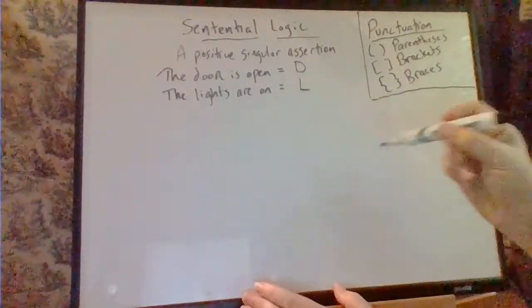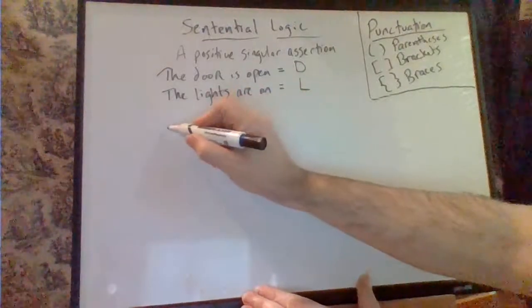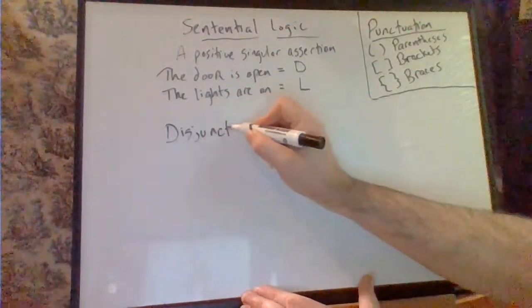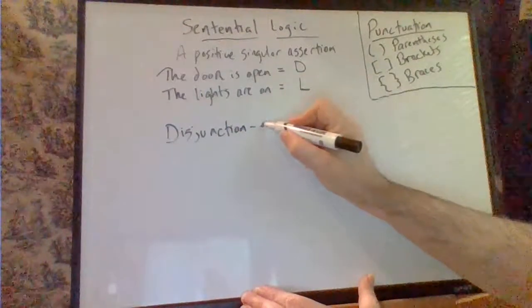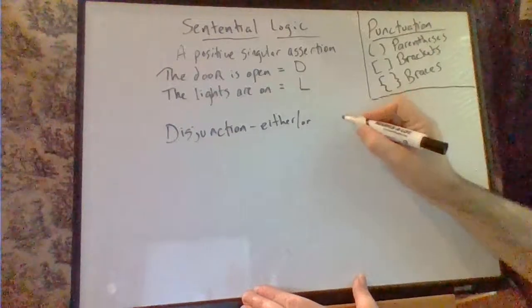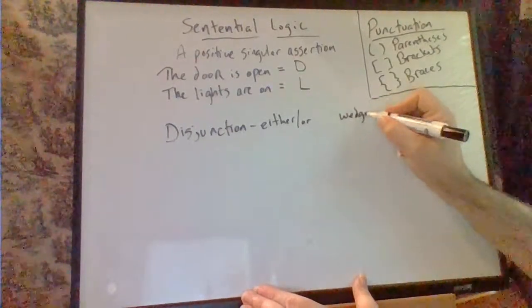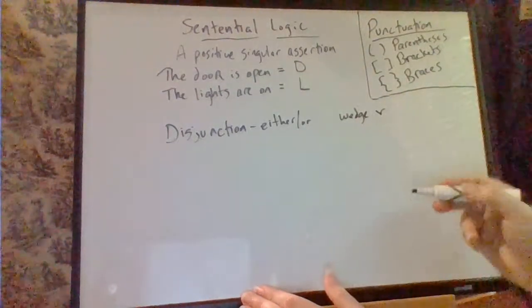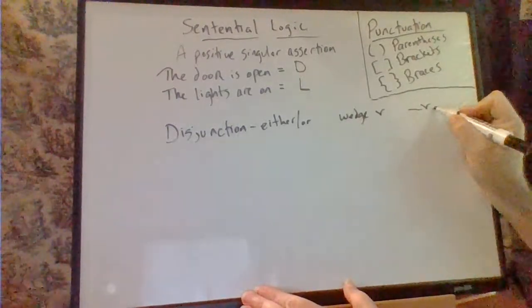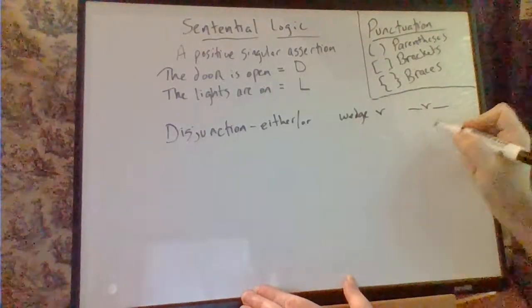Next, we're going to have disjunction. Disjunction is an either-or statement, and the symbol that's used for that is a wedge. Okay, so lowercase v, kind of like a wedge. And again, it's going to come between the two sentences.